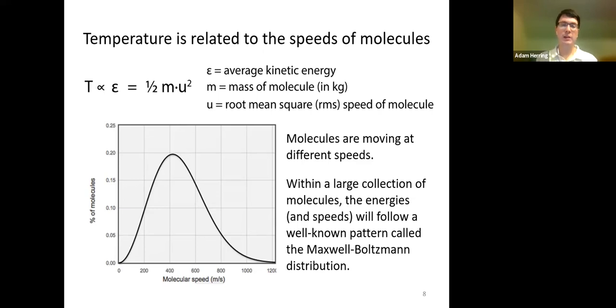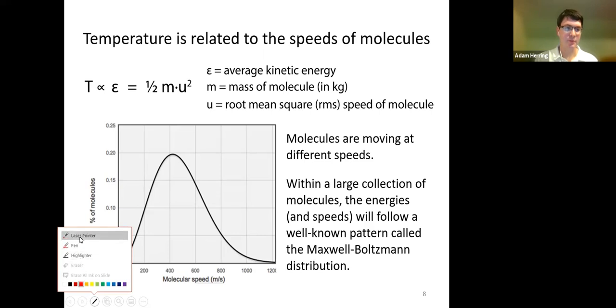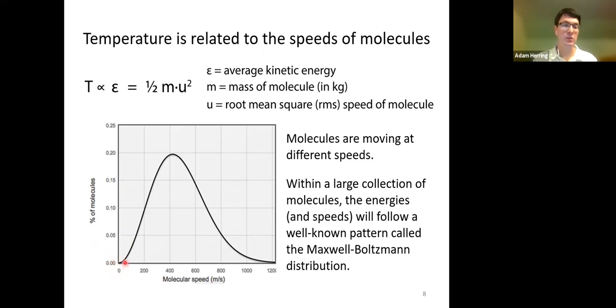And those speeds follow a distribution that we call the Maxwell-Boltzmann distribution. What you can see here is that there is a lower limit. Here, the lowest speed that we can reach is, of course, 0. But you'll notice that at higher speeds we don't taper off completely, even at this upper limit that's indicated on the screen.